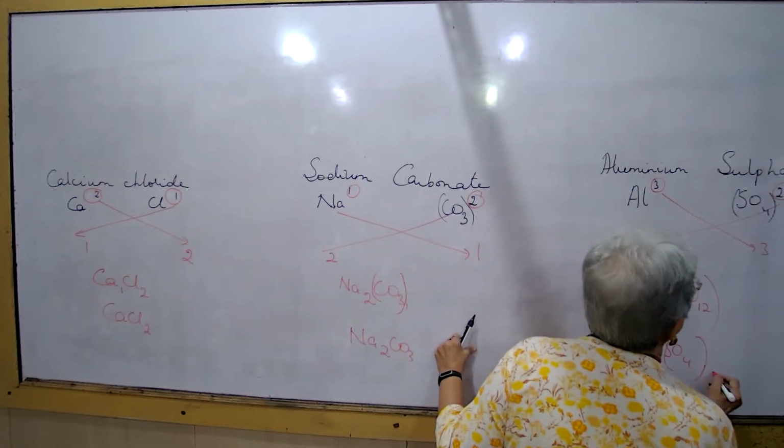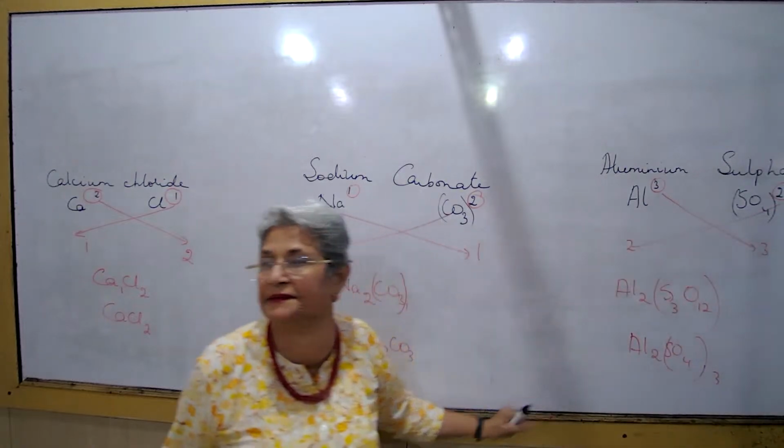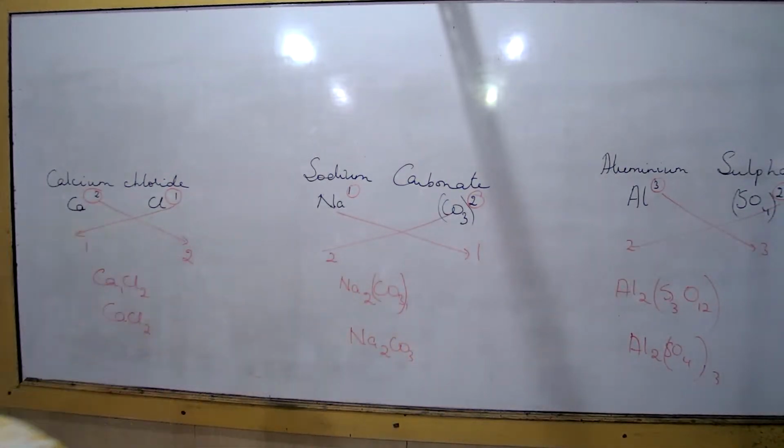Sorry, yeah, 3. Aluminium sulfate. This is clear? All of you? Any more? You want me to do any more examples with you?